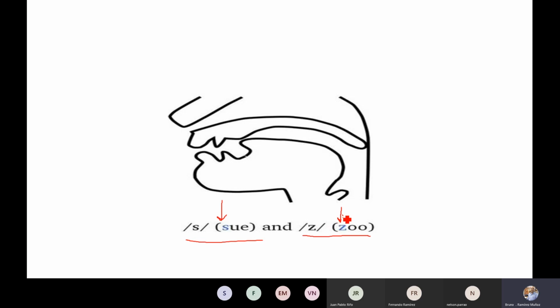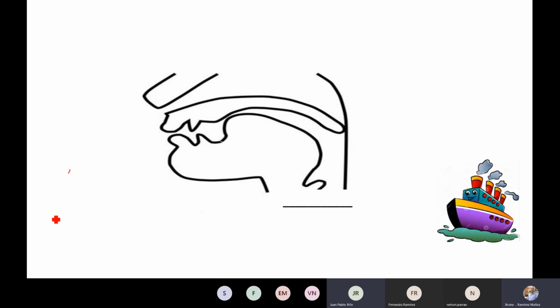And if you don't make that voicing difference, it sounds like Sue visited the Sue. So Sue visited another person called Sue, right? I don't know. Okay, so it's very important, the voicing. Next one, what do you think?